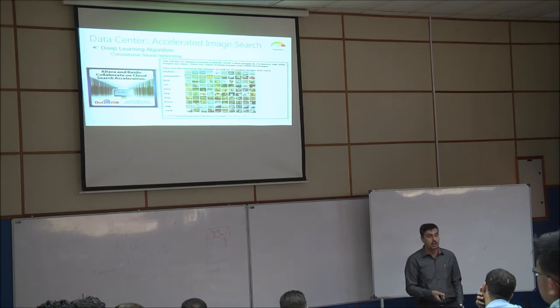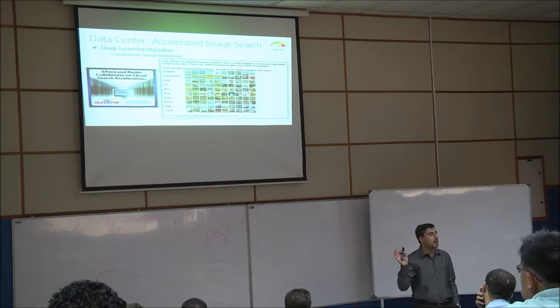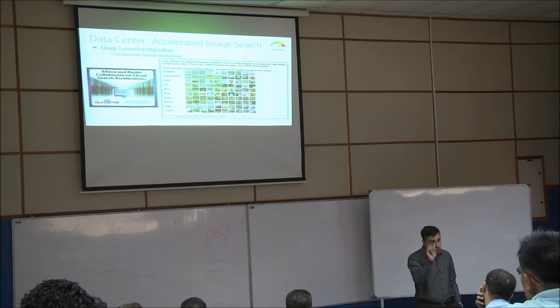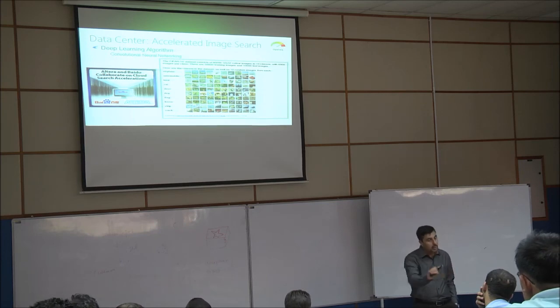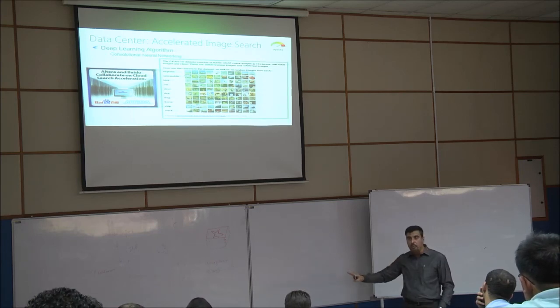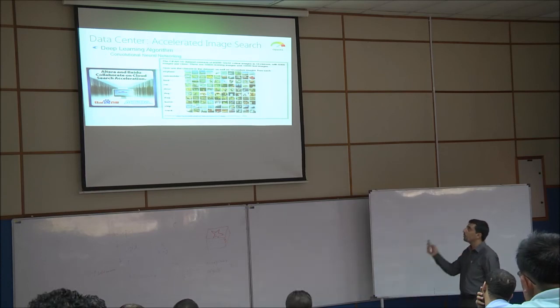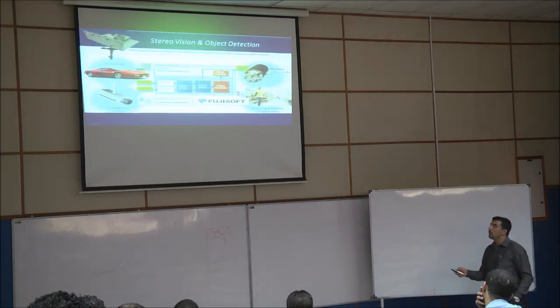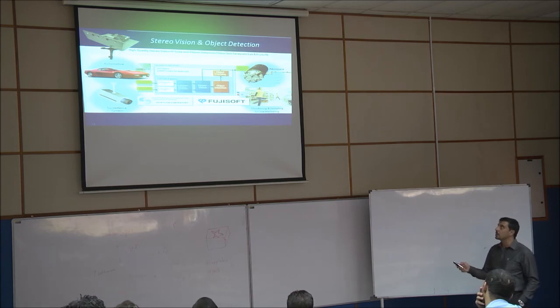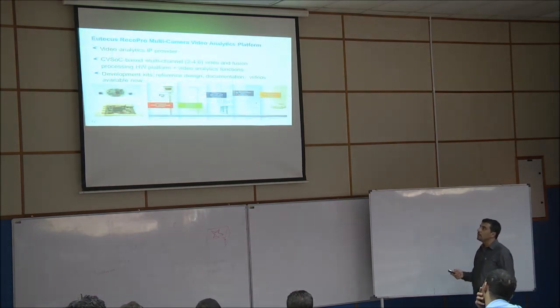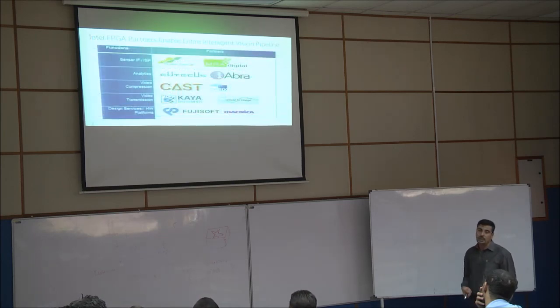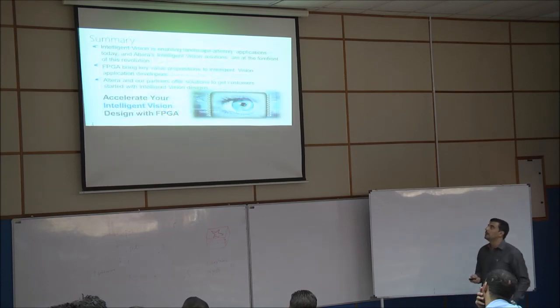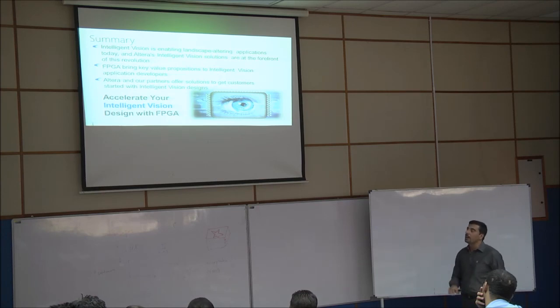If anyone uses Lazada or Zalora, they're almost all using deep learning algorithms to find information quickly through very big data. Okay, clear? And so on. So this is also about the stereo vision application, and some tracking and navigation systems and so on. Clear? So this is a combination of applications. These are some companies that partner for using the FPGA, internal FPGA, and so on. So this is the summary about intelligent vision.